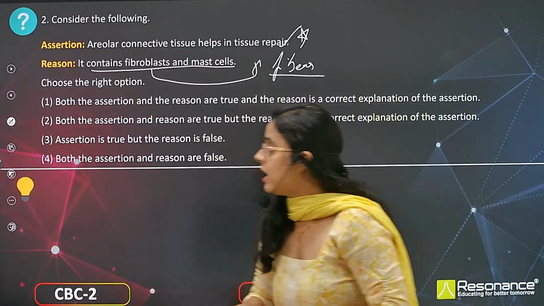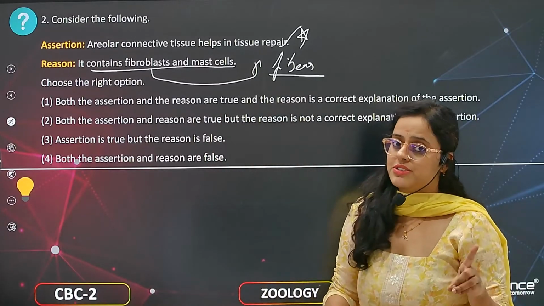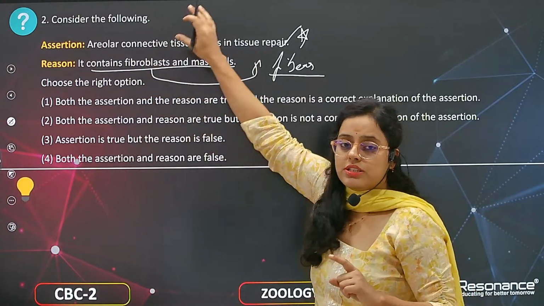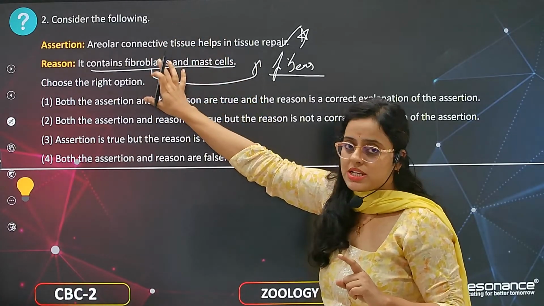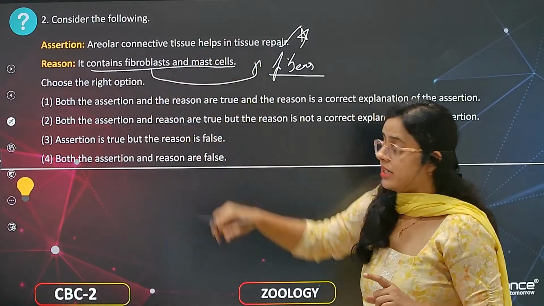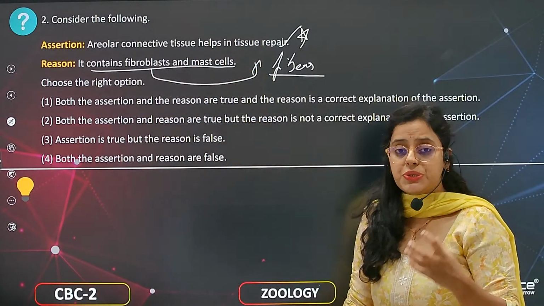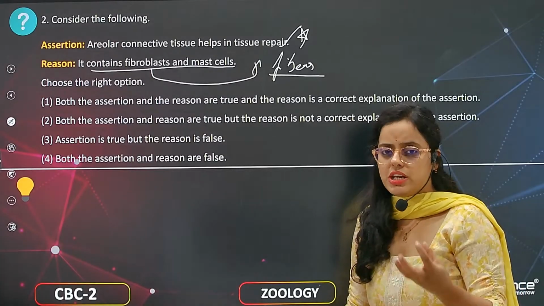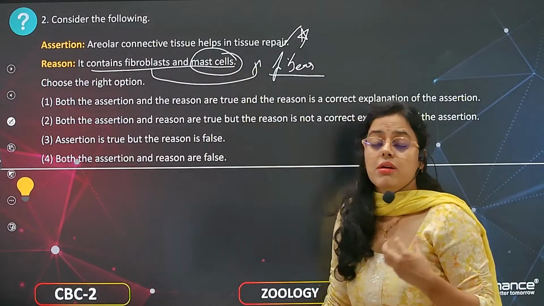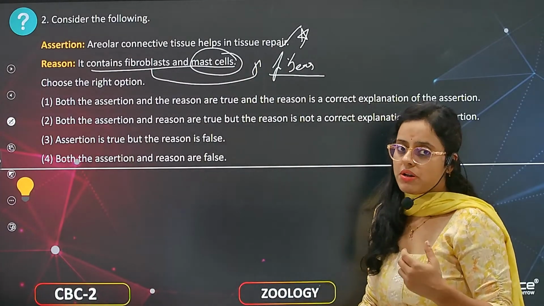So here the answer is going to be both assertion and reason are true. And the reason is that because this connective tissue consists of fibroblasts and mast cells, the healing is going to be faster. And in a tissue injury, what happens? When bacteria or any foreign substance enters, these mast cells or macrophages kill those foreign substances.